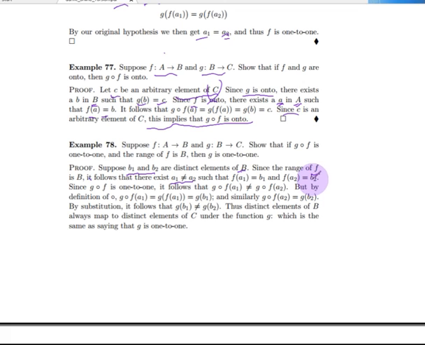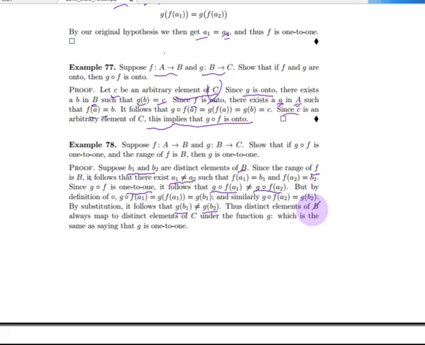Since G composed F is one-to-one, it follows that G composed F of A1 is not equal to G composed F of A2. But by the definition of composition, G composed F of A1 is G of F of A1, but F of A1 is equal to B1. Similarly, G composed F of A2 is equal to G of B2. Okay, by substitution, it follows G of B1 is not equal to G of B2.